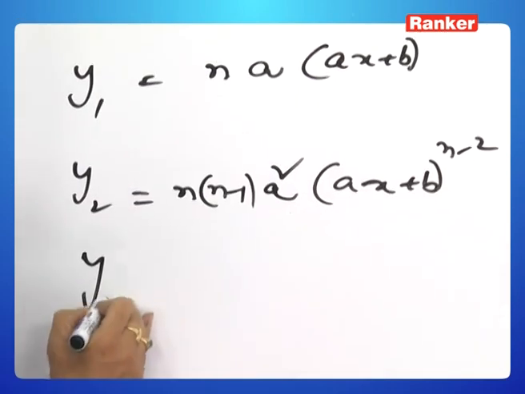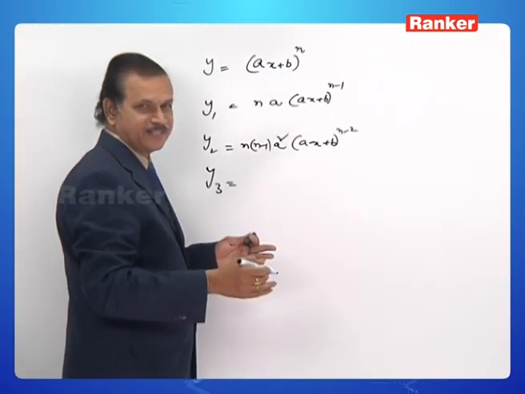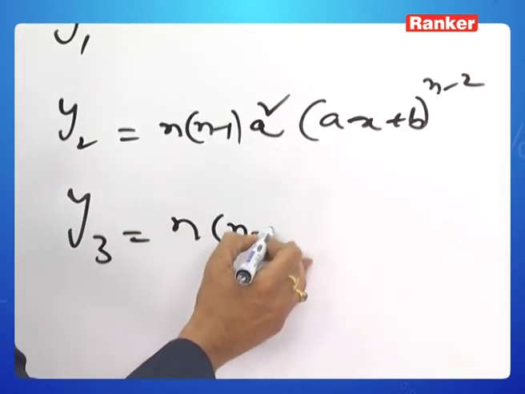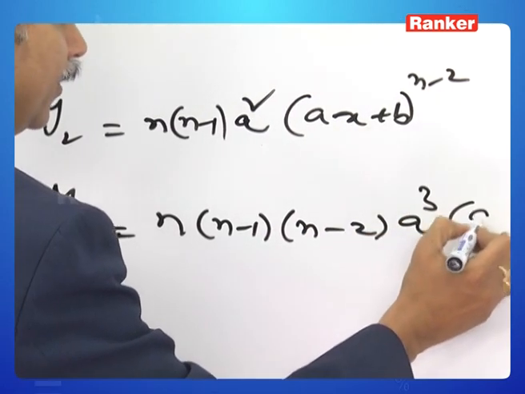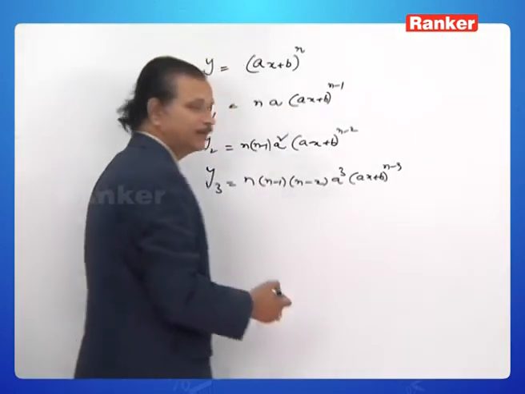Come on, what is y3? You need not find it again, you can trace it. It is n into (n minus 1) into (n minus 2) into a cube into (ax plus b) to the power of n minus 3, isn't it?